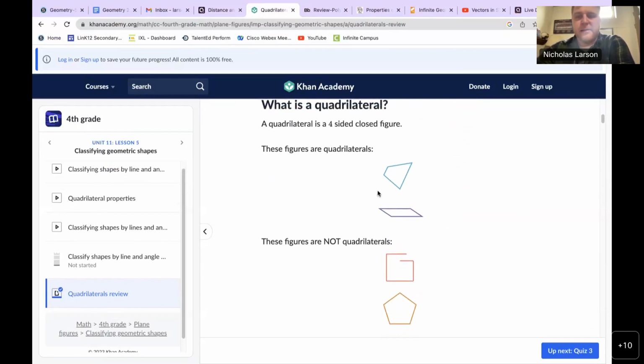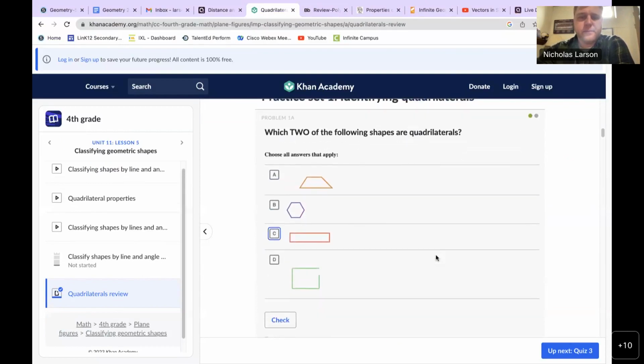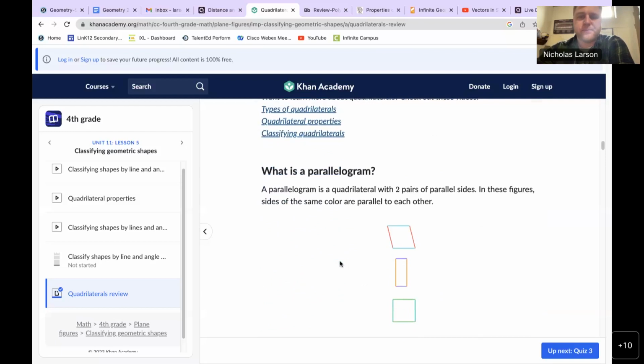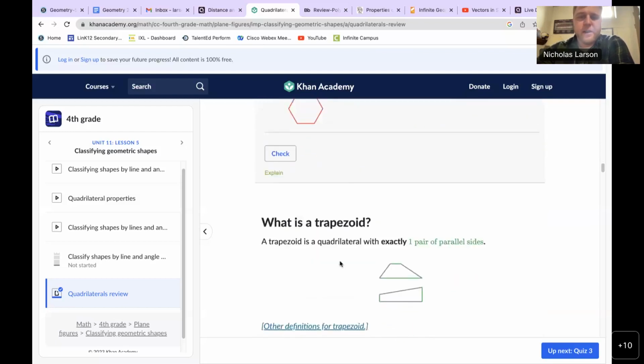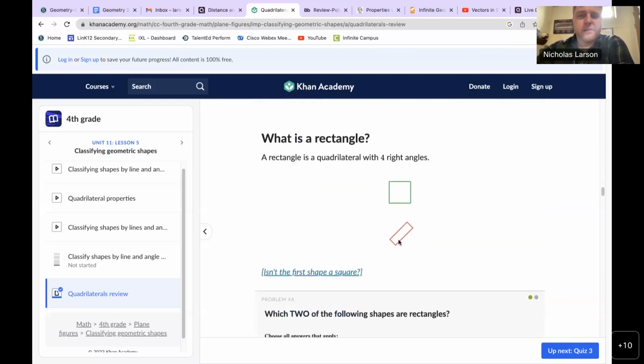Examples of quadrilaterals here: a figure that is not closed is automatically not a quadrilateral, and one that doesn't have 4 sides is not a quadrilateral. So which 2 are quadrilaterals? That would be A and C. B and D would not be. Identifying parallelograms, I want to get down to rectangles and squares.